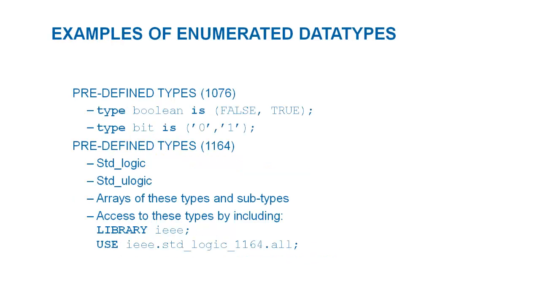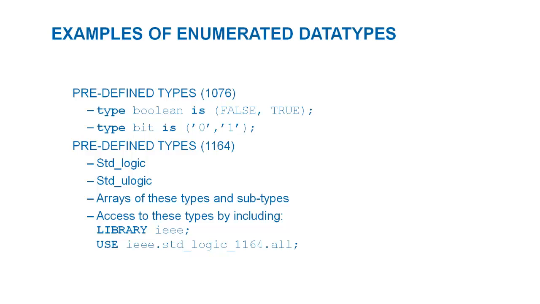Here are some examples of enumerated data types. We have Boolean, which is an enumeration of false and true. We have bit, which is an enumeration of 0 and 1. And they are predefined in the package 1076, which is part of the IEEE library.